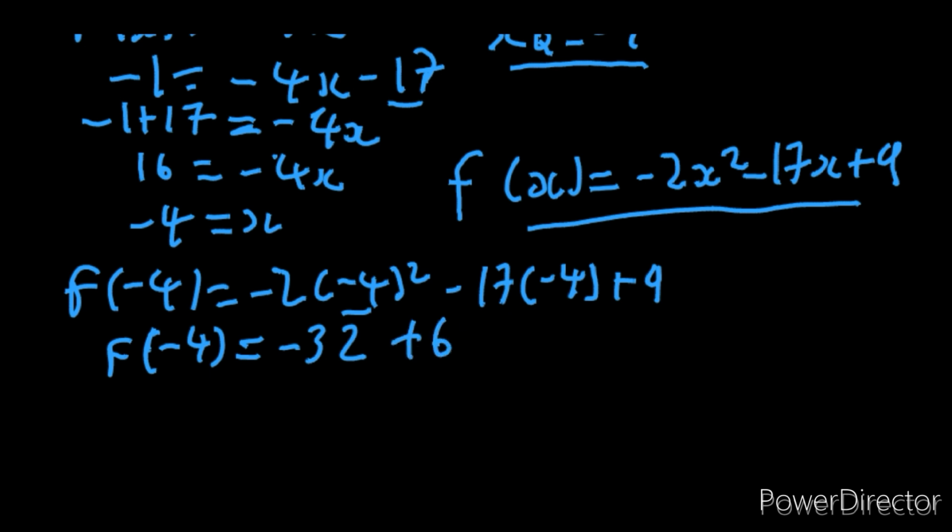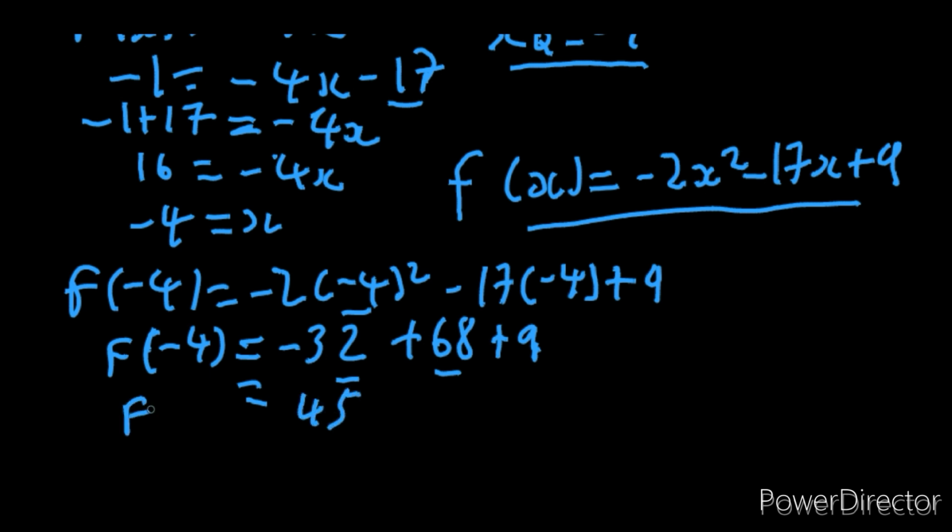So we're going to have 68 plus 9. Now we can simplify this. It's going to be minus 32 plus 68, which is 36. So it's going to be 36 plus 9, which is 45. You can verify that with me. So this is going to be 45.